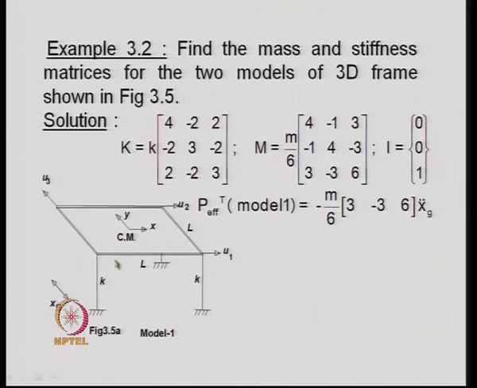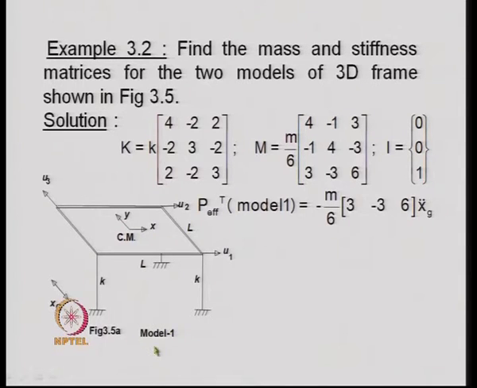Since it is a one storied 3-dimensional frame, it has 3 independent degrees of freedom. These 3 independent degrees of freedom can be chosen in different ways. Here we have considered 2 different ways of choosing the independent degrees of freedom.